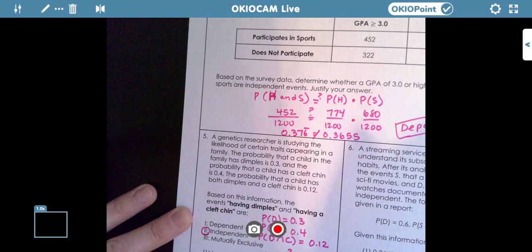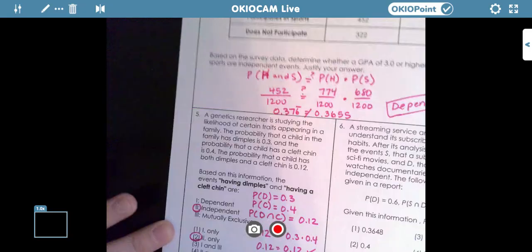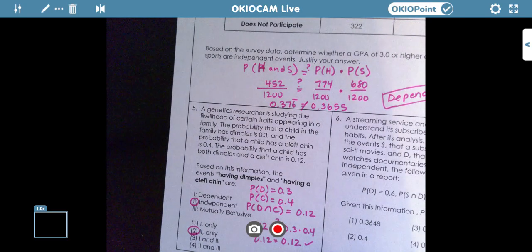The other question, though, is are they mutually exclusive? Is one happening without the other one happening? I don't know how else to say it, but both of them can happen at the same time. So if both of them can happen at the same time, then they're not mutually exclusive. So it's just independent in this case.